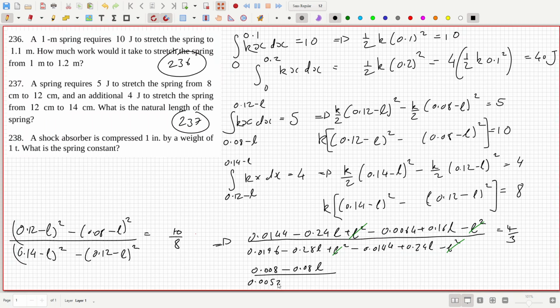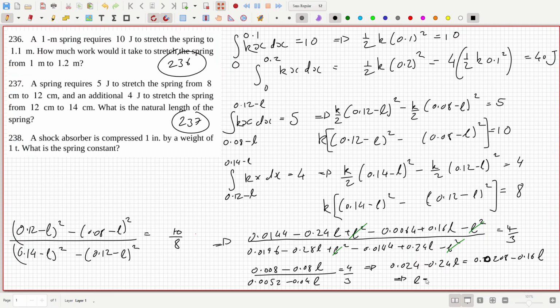Then minus 0.28 plus 0.24, minus 0.04 L equals 4 over 3. So that would be 0.024 minus 0.24 L equals, then 0.0208 minus 0.116 L. So I can easily solve that for L.